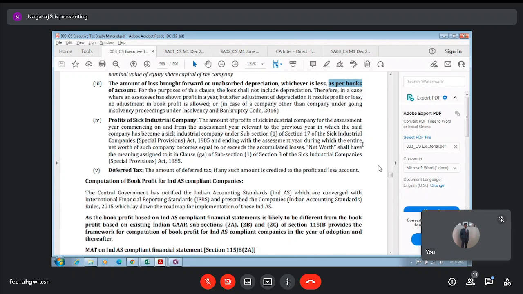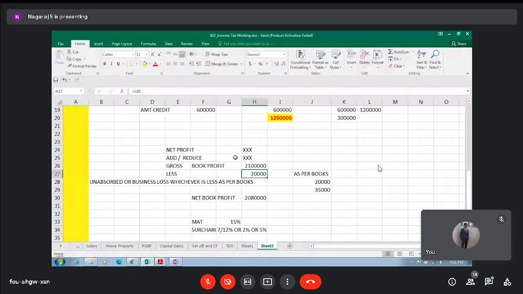As per books, the loss or unabsorbed depreciation, whichever is less, you need to deduct. That is what we have done. Understood? Yes, sir. This adjustment they may give.